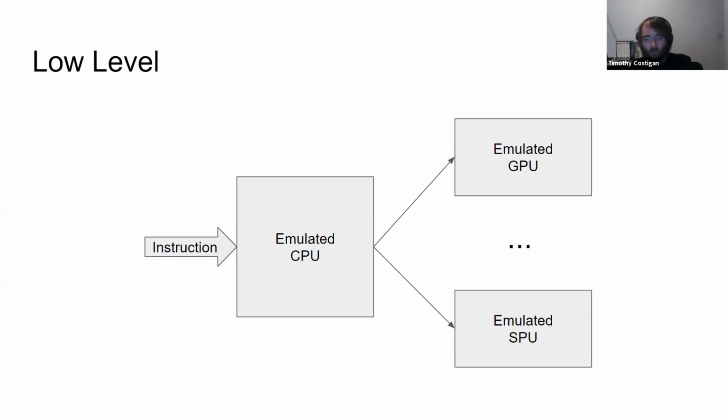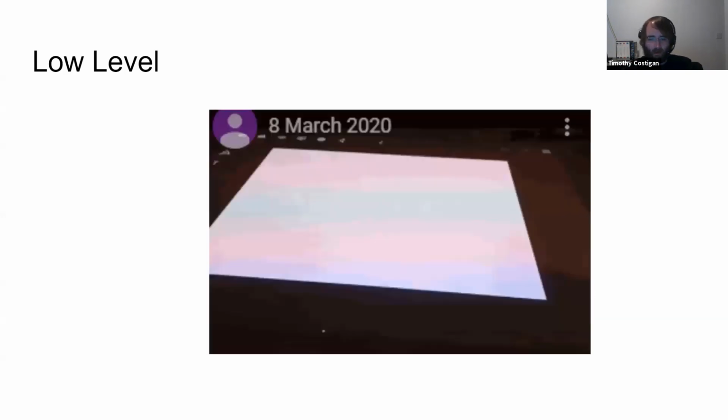And the reason why you might want to do that is because it's obviously going to produce results that are visually and, if it's the sound processing unit, auditorially the same as what you'd expect on the original hardware. But it's incredibly processor intensive to do this because you are writing code that's actually emulating all of the hardware and the chips. It's quite difficult to actually figure out those details.